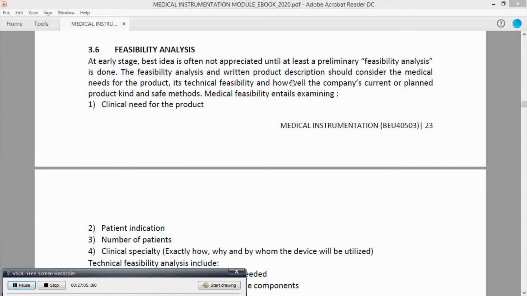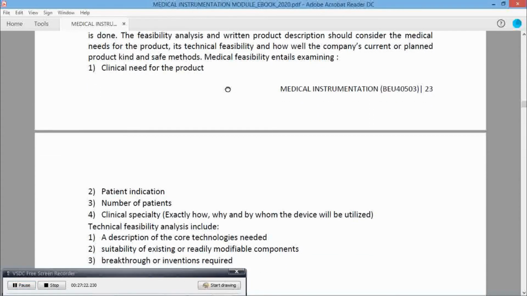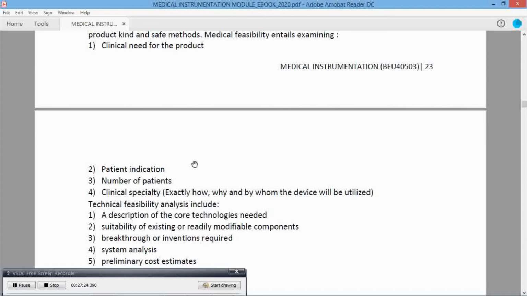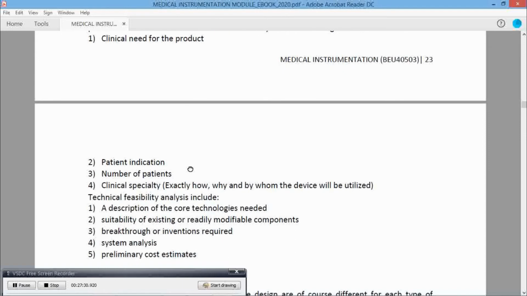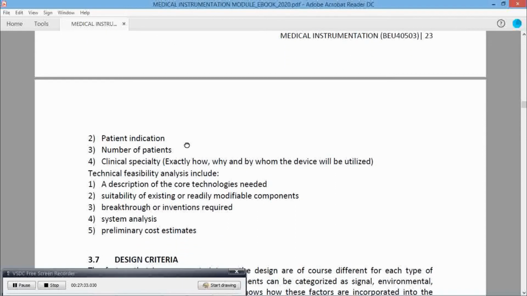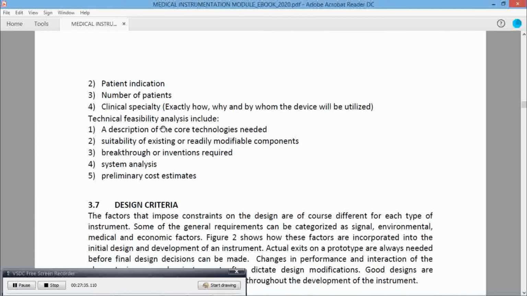Feasibility analysis and written product description. That means what the product is actually for, and it should consider the medical needs, technical feasibility, and how well it fits the company's current or planned product line, and safe methods. Medical feasibility entails examining the clinical need for the product, if the system needs clinical examination, review, patient indication.